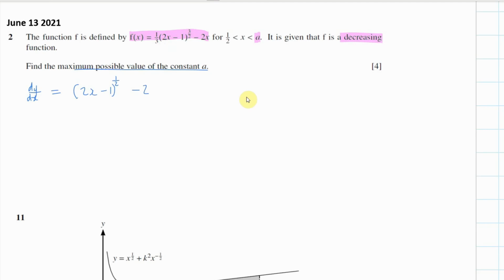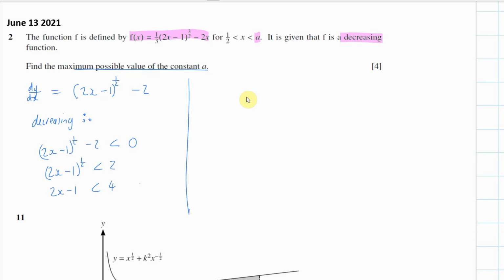And decreasing function means that 2x minus 1 all to the power of 1/2, minus 2, is less than 0. So what we're going to do is move that across to the other side. It's less than 2. And so 2x minus 1 is less than 4.